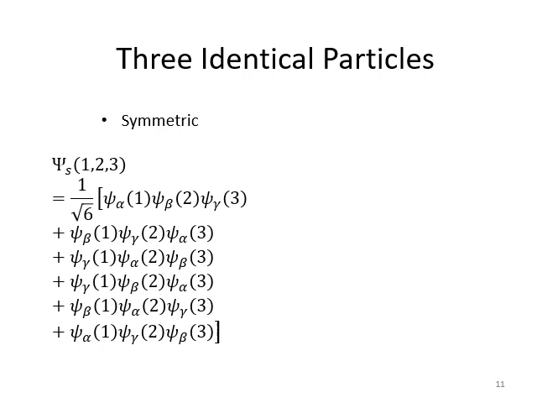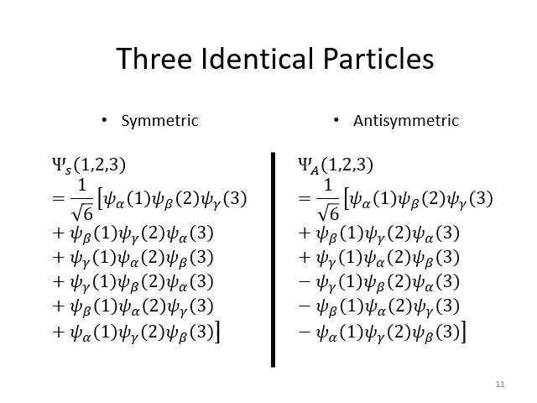We want to make it antisymmetric so that when we exchange the particles with one another in any way, we switch the sign. Then we end up with an antisymmetric combination of wave functions that looks like this. In each case, we have 6 terms, but it's what happens when we switch two particles with one another. Now, this looks horribly messy, and your next question would be, oh, what happens when we've got 4? How do we do that? And a partial answer to that is on the next slide.